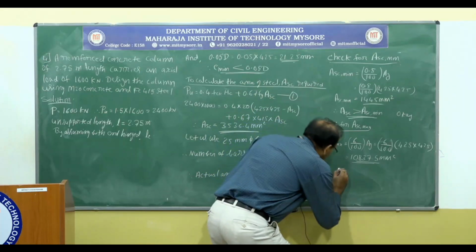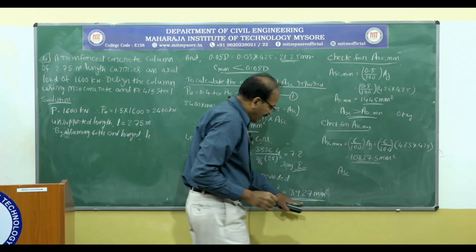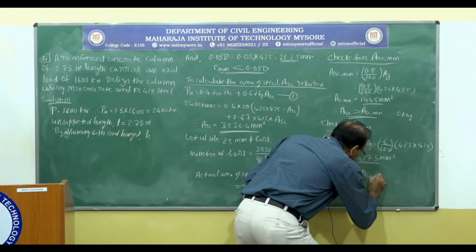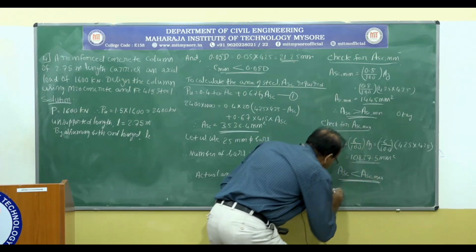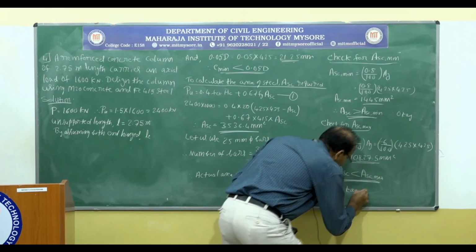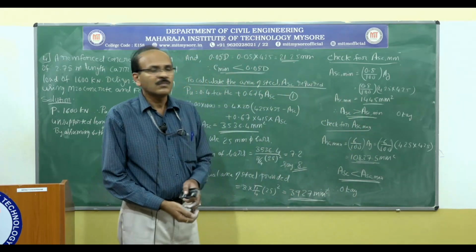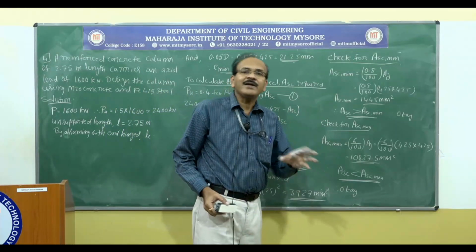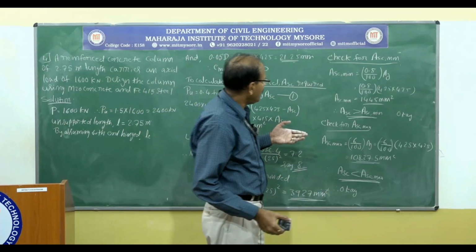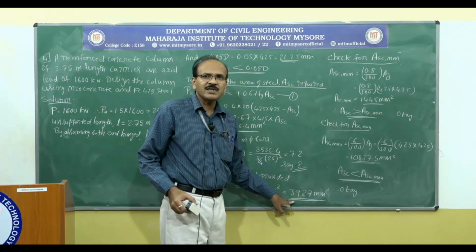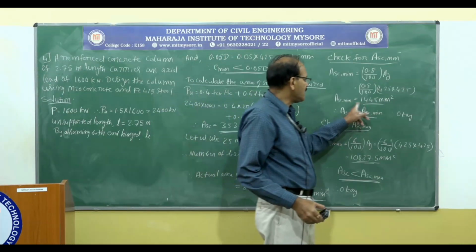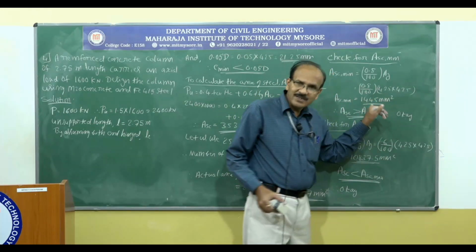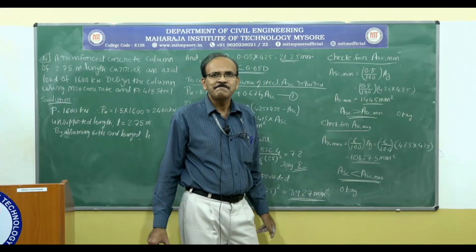Therefore, ASC, that is the actual area of steel provided, is less than ASC maximum. Therefore, okay. As I said repeatedly in the previous examples, whenever the actual area of steel required goes below ASC minimum, go ahead and provide at least ASC minimum steel.